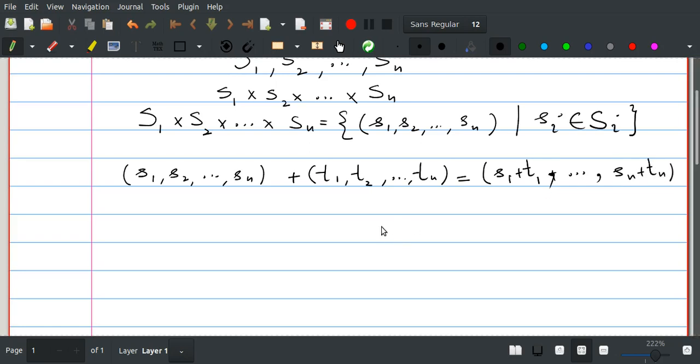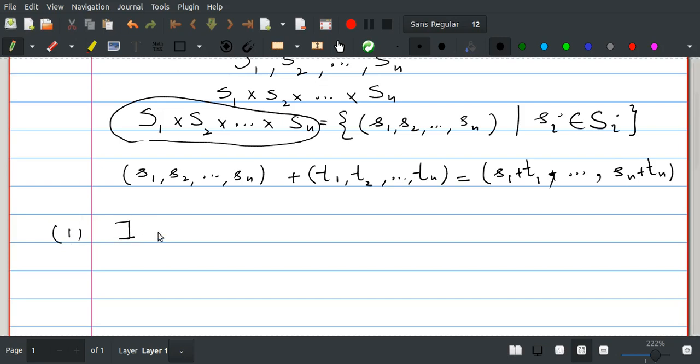Now we claim that this set is a group with respect to this binary operation. One can easily prove the axioms of a group. For example, the identity element of this group is the element 0, 0 through 0.